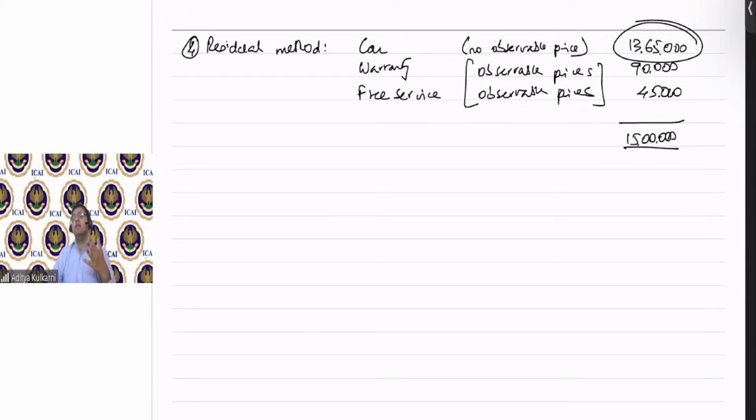Number four, neither you do standalone sales, nor your competitors, nor do you know the cost. Then you do it on a residual basis. So that takes care of the 4 steps.